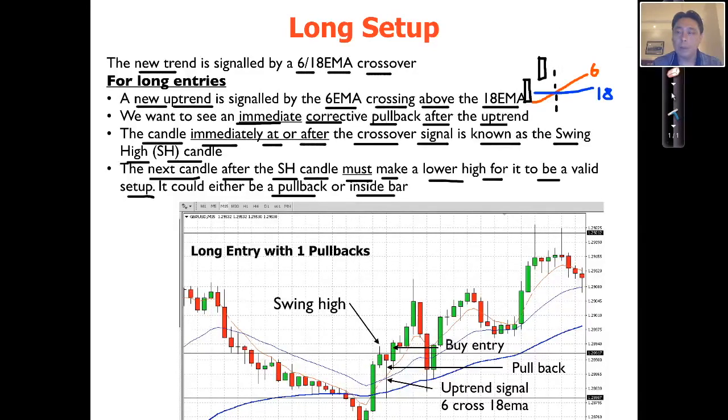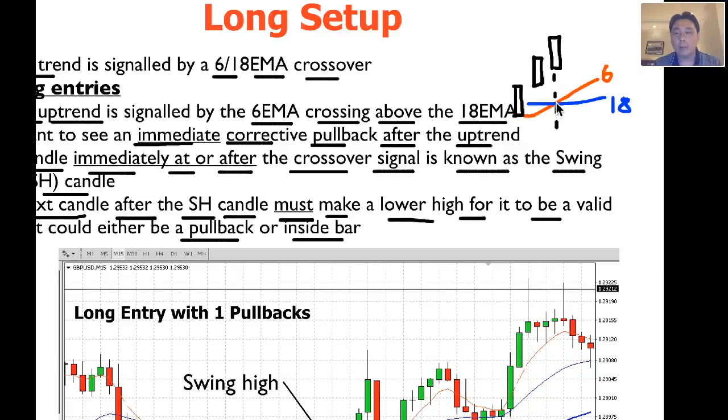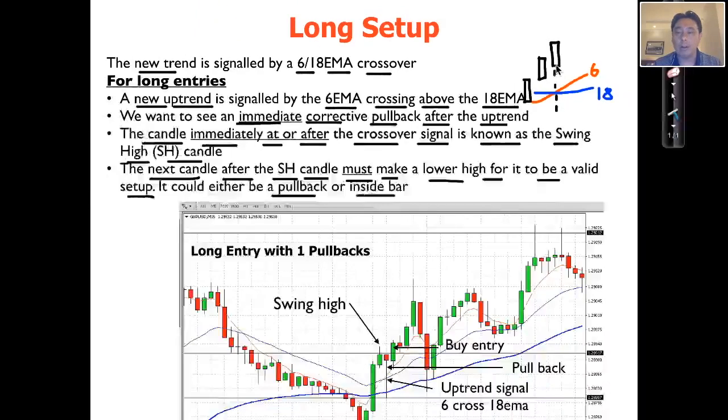Okay, good. So let's imagine in this case, the 6 crosses above the 18, and then we have this candle over here. You may think, hey, that's a swing high candle, because it appears right at the cross. Now, what happens if after this candle, we have another candle that goes up?